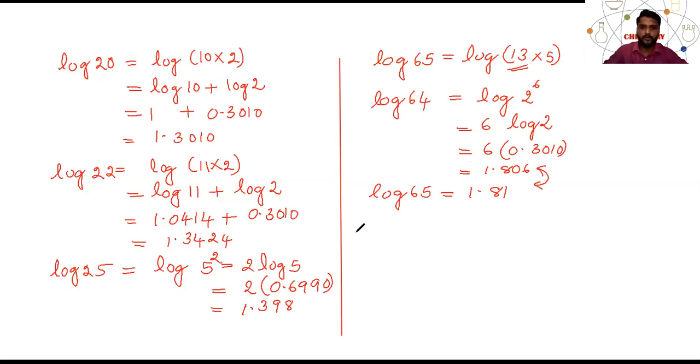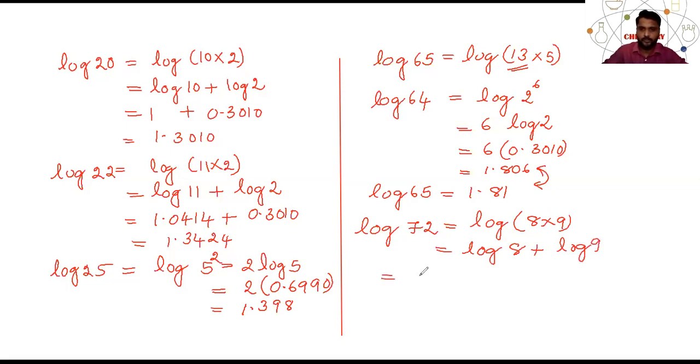Right? Now we'll move on to the next number, log 72. Log 72 can be written as 8 into 9, which is equivalent to log 8 plus log 9. Log 8 can be written as 2 to the power 3, plus log 9 can be written as 3 to the power 2, which is equal to 3 log 2 plus 2 into log 3.